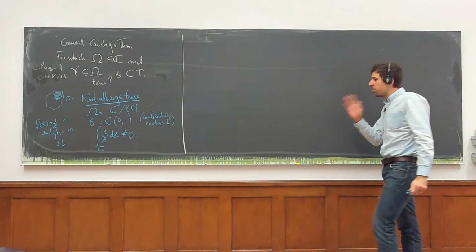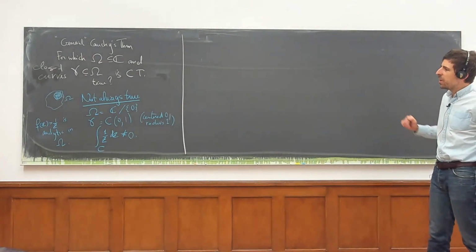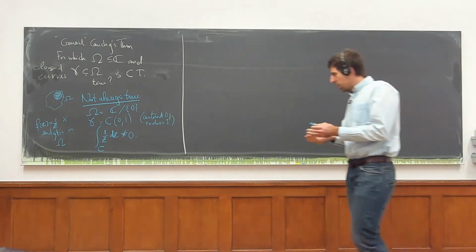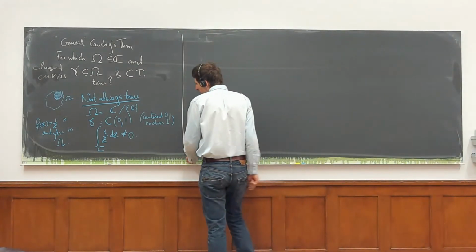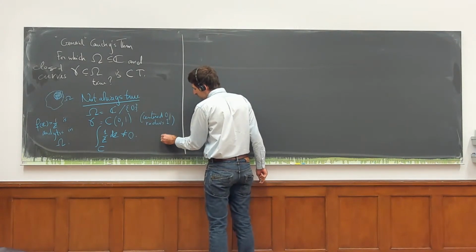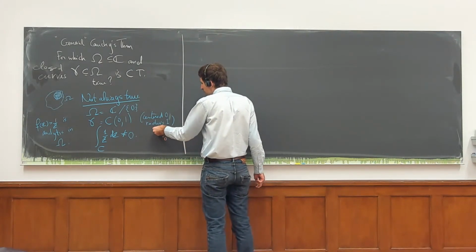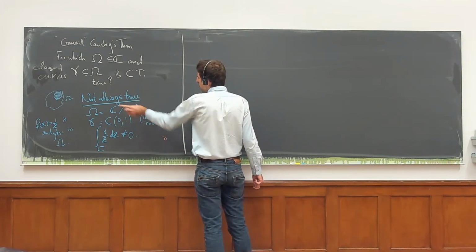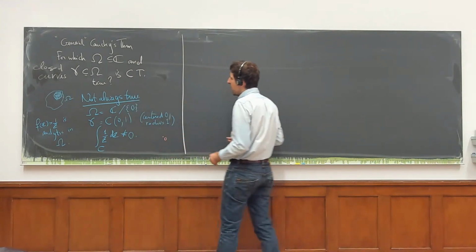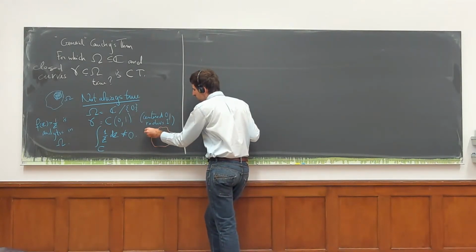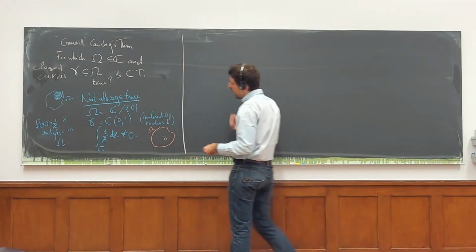Before I get into the actual theorem, this is in a way the only case in which it's not true. The issue with this set omega is that there is a point at 0 that doesn't belong to omega. Let's imagine that omega is bounded, it'll be easier to draw a picture.